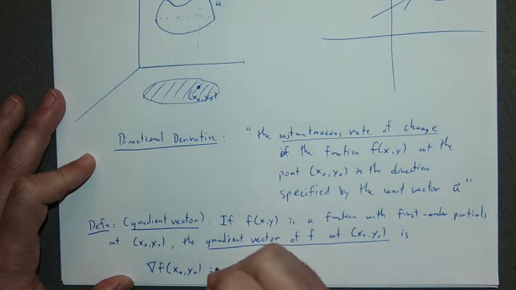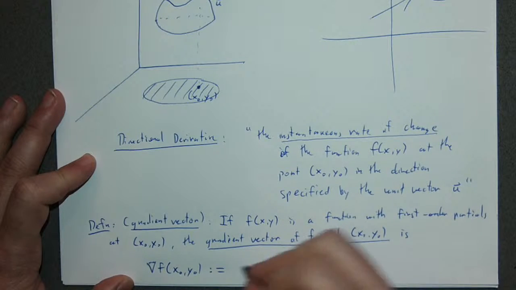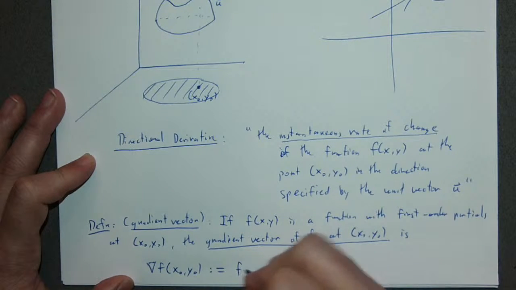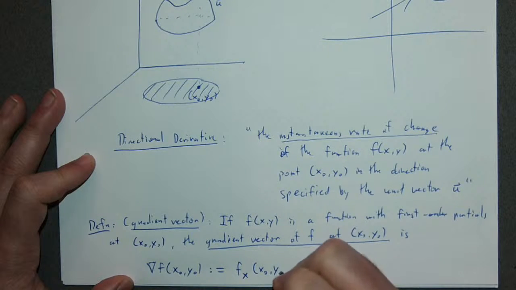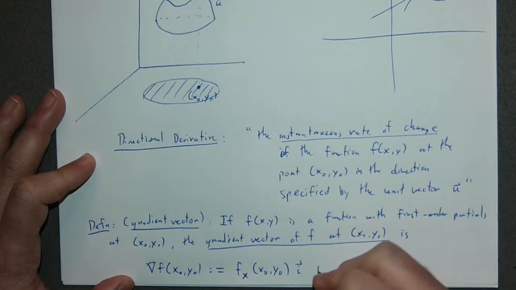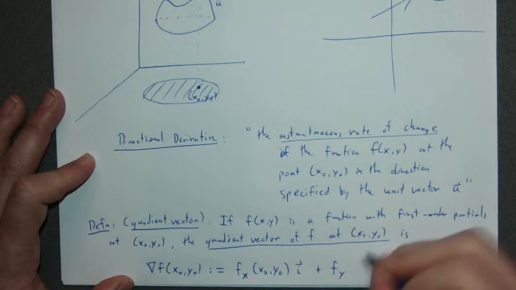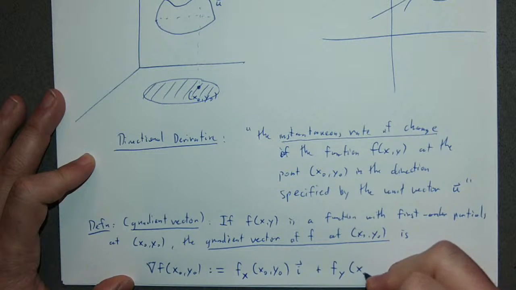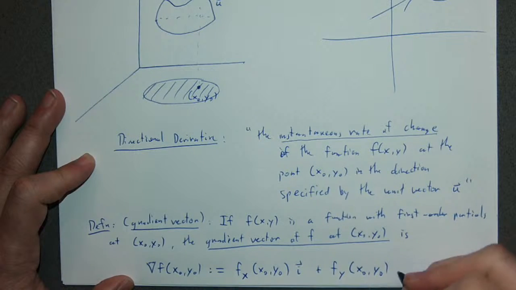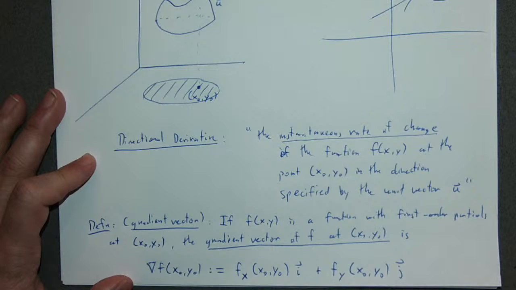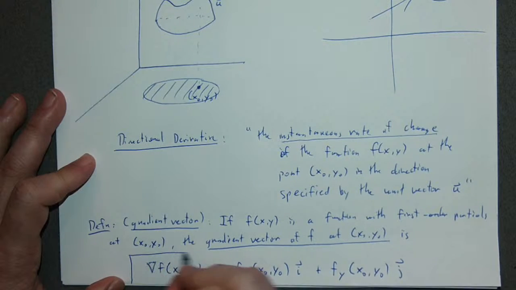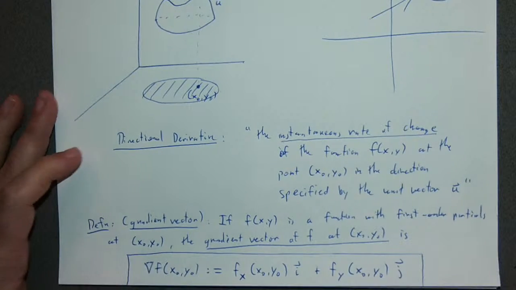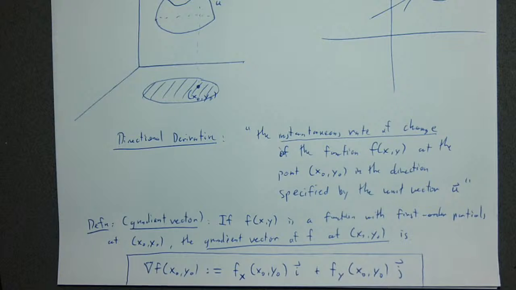This is defined to be the vector where in the x slot I have the x partial of f at x naught y naught, and in the y slot I have the y partial of f at x naught y naught.